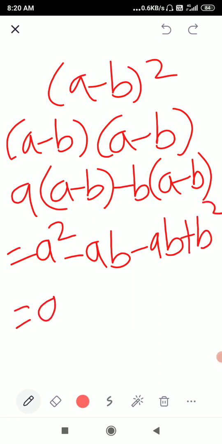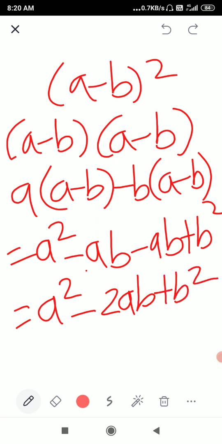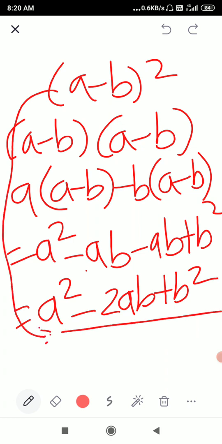Now a square, minus ab minus ab is minus 2ab, plus b square. So whenever a minus b bracket square is there, you can use this direct formula, a square minus 2ab plus b square. So by using this formula we are solving the practice set.